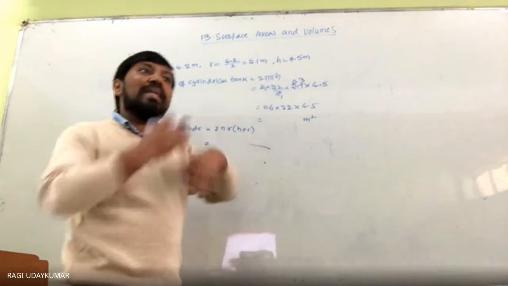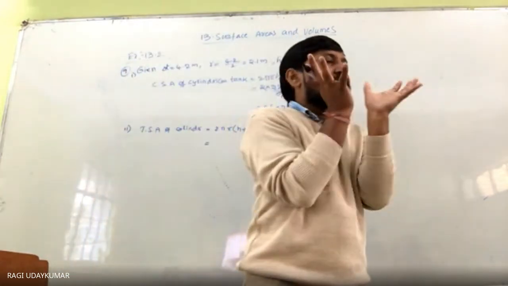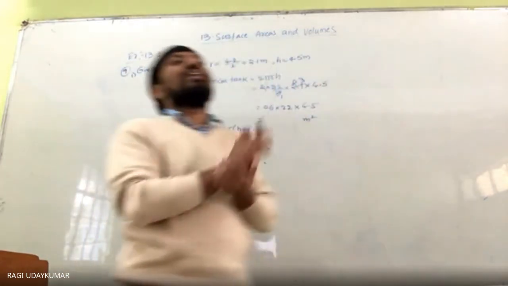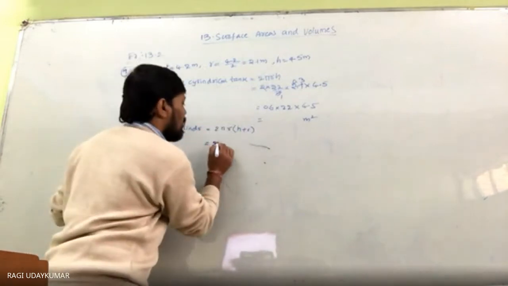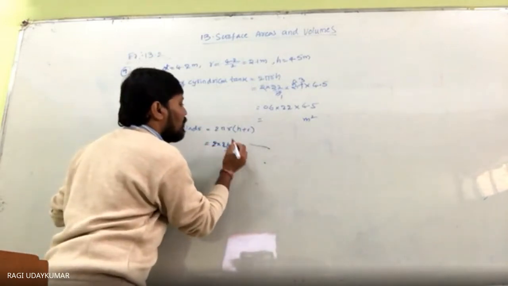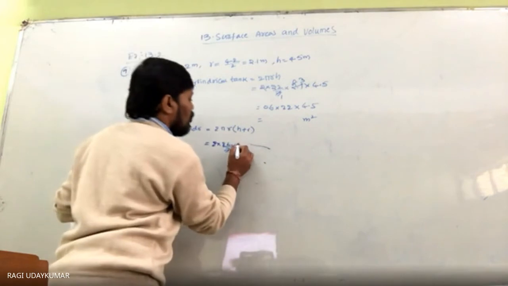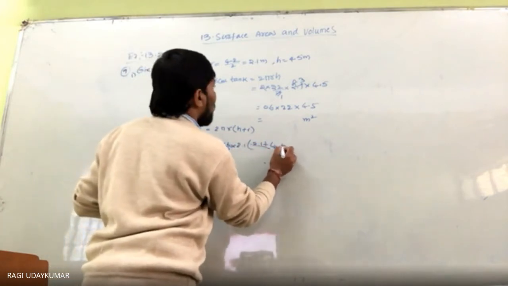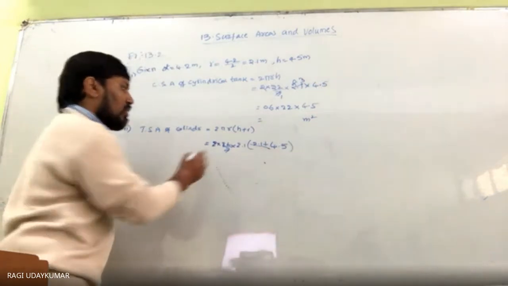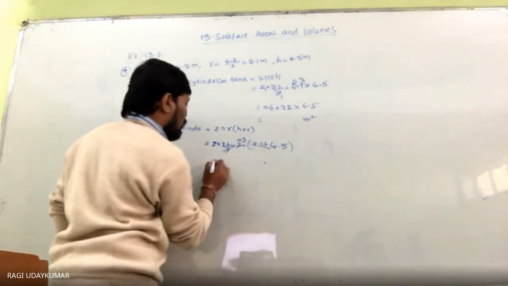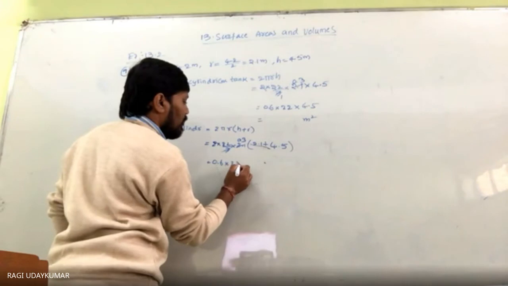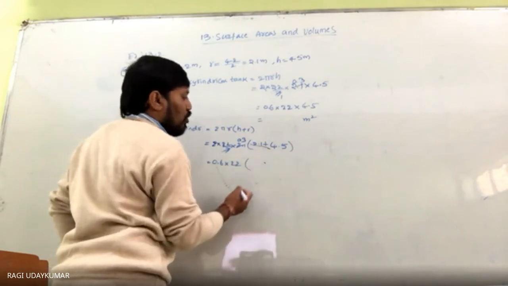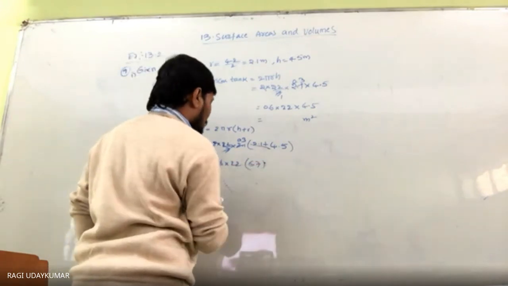After making, how much area do we see after the steel is made, that area, this is one. So 2 into 22/7 into the radius is equals to 2.1 into 2.1 plus 4.5. So 0.3, 0.6 into 2.2, so 22, and if you multiply these two, 6.7 will come.